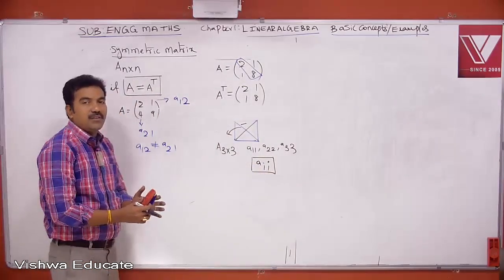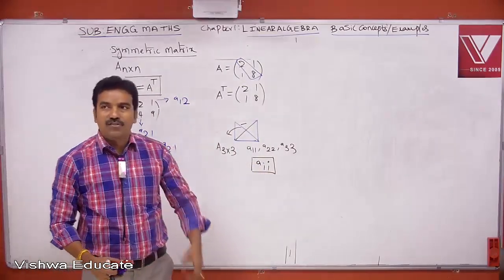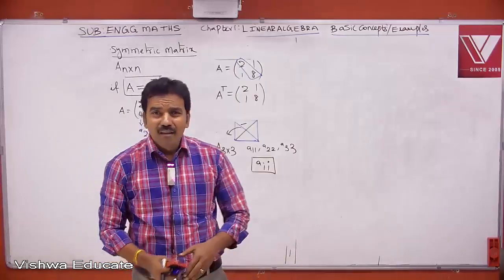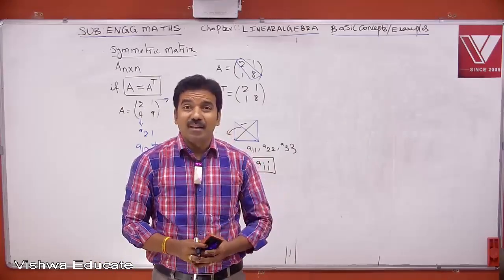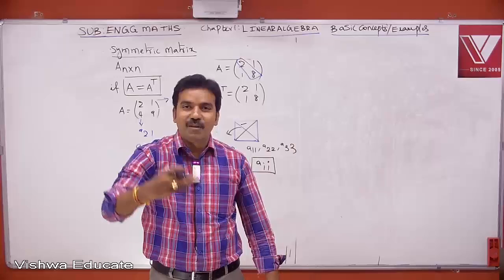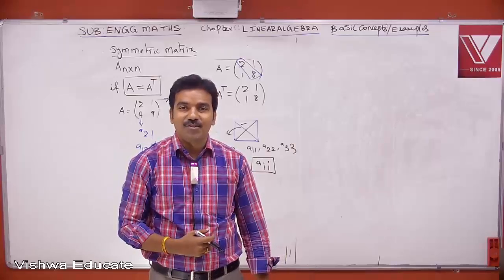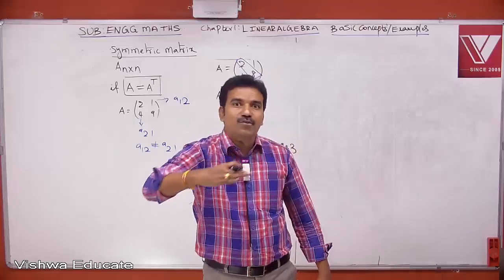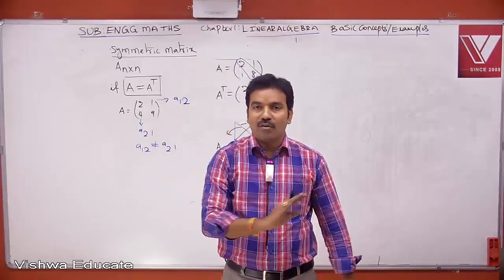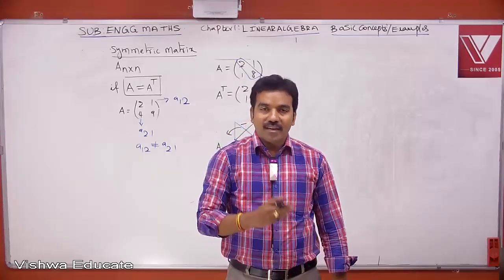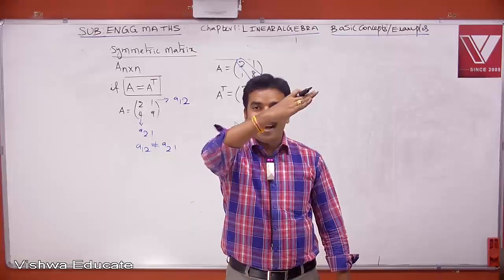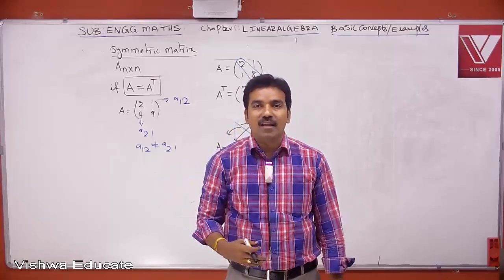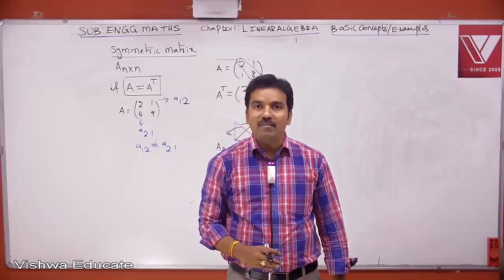Therefore what I mean to say is, when you are constructing an example of a symmetric matrix, you need not worry about the leftmost diagonal elements. Basically we call them principal diagonal elements. So whenever I discuss diagonal elements, you always give priority to the leftmost diagonal. You don't bother about non-diagonal elements. In the case of a symmetric matrix, the diagonal elements are simply dummy elements.